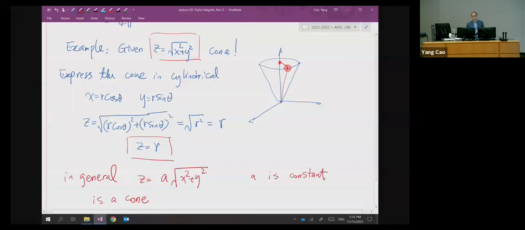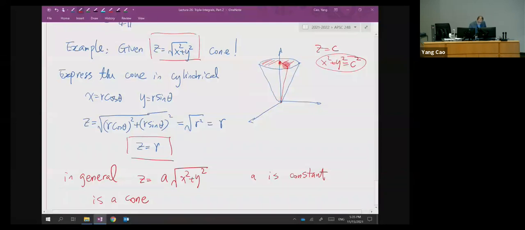The nature of the cone is that if you slice it anywhere with z equal to c, you get x squared plus y squared equal to c squared. So that cross section is a circle.